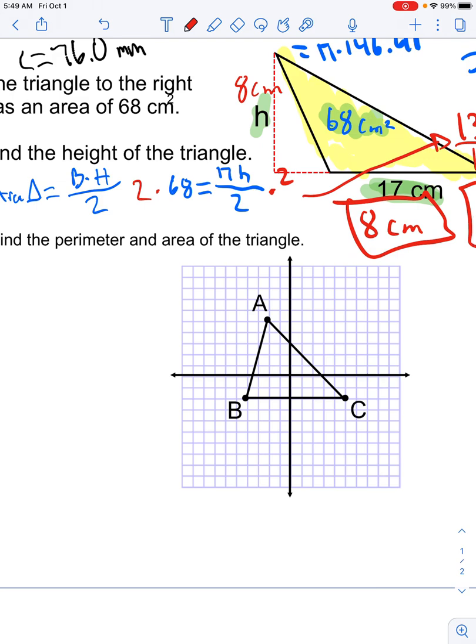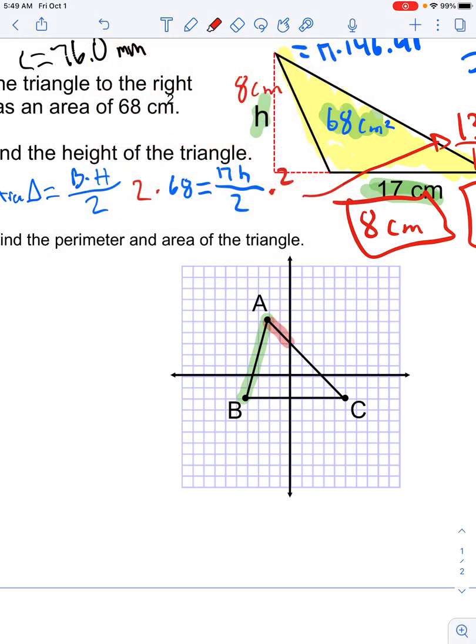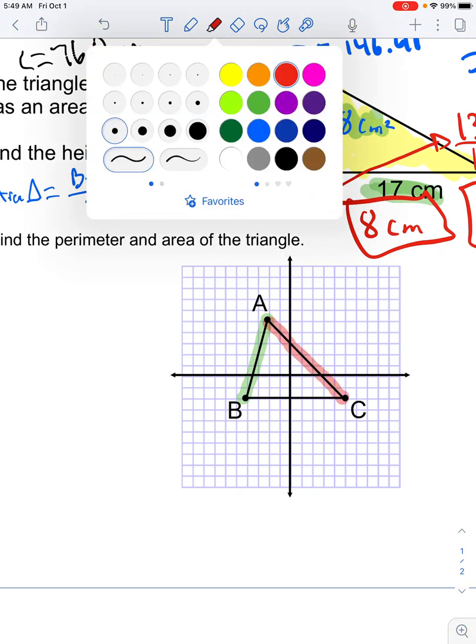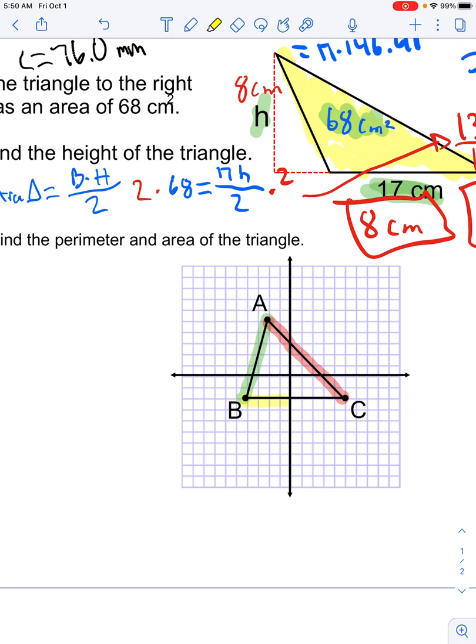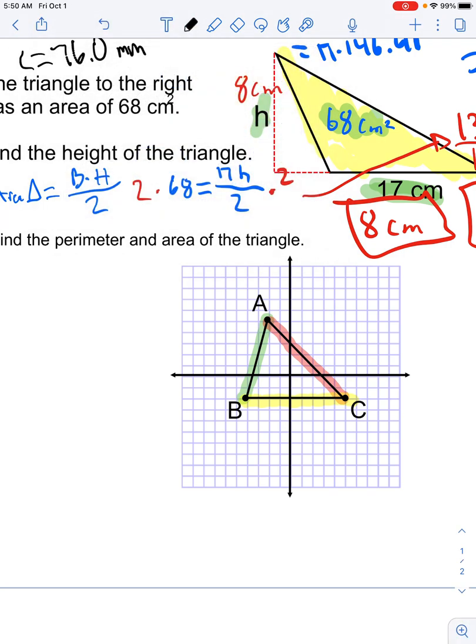Okay, last one. Find the perimeter and area of the triangle. Again, for perimeter, I need to add up the sides. But you'll notice I might not know exactly what those sides are. The good news is we have something called the distance formula. So I'm going to label what my coordinates are.